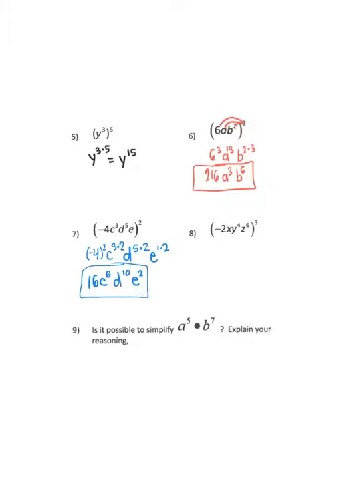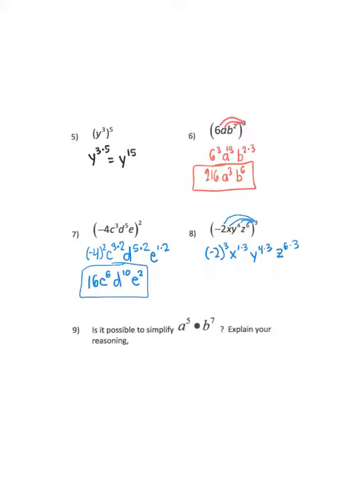Okay, number 8. When I cube each piece in here, I get negative 2 cubed, x to the first times 3, y to the fourth times 3, and z to the sixth times 3.